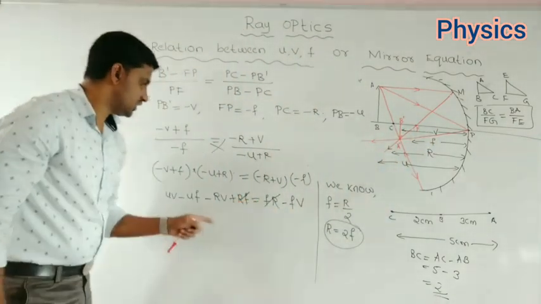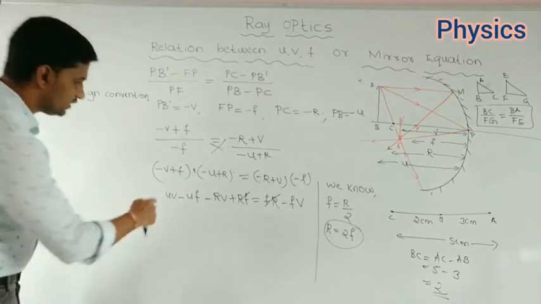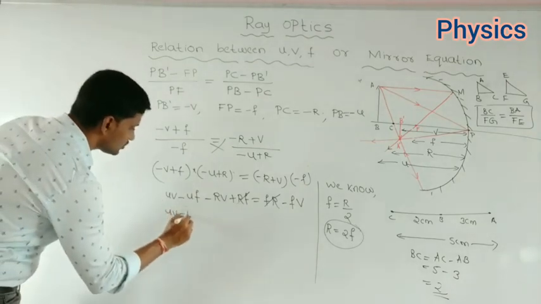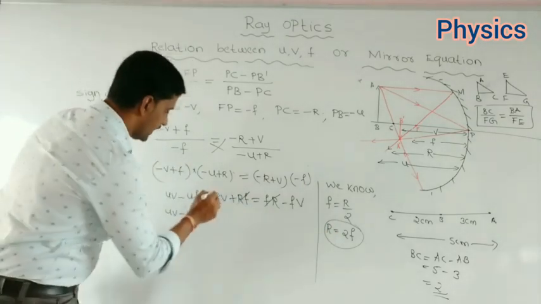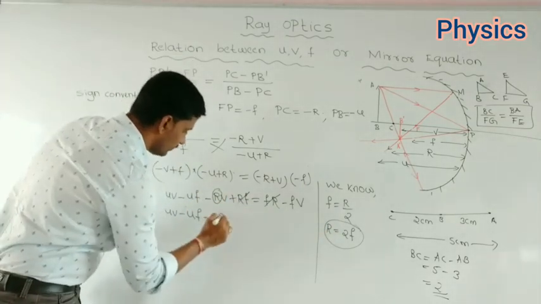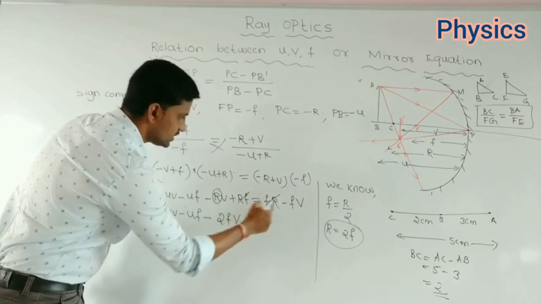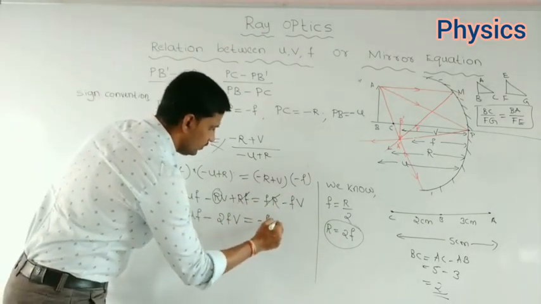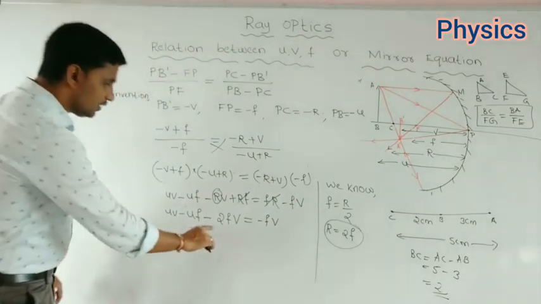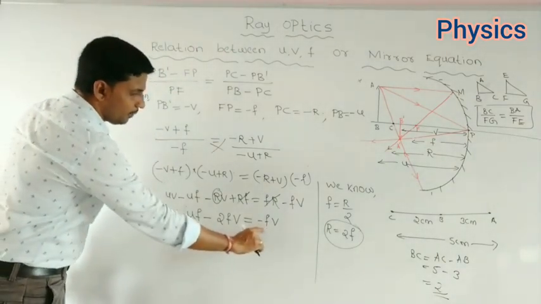If I substitute R is equal to 2f here, I will get this equation as uv minus uf minus 2fv is equal to, in the right hand side, minus fv. So here minus 2fv, here minus fv.